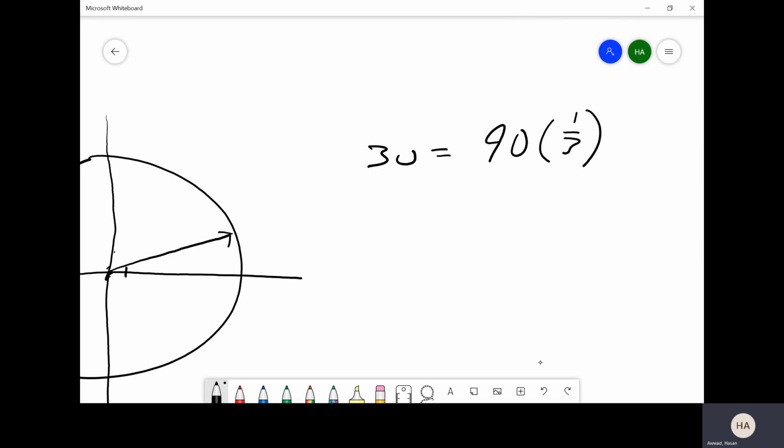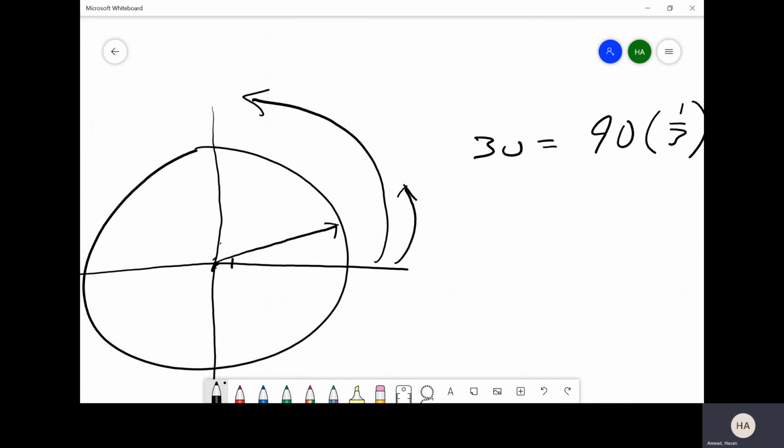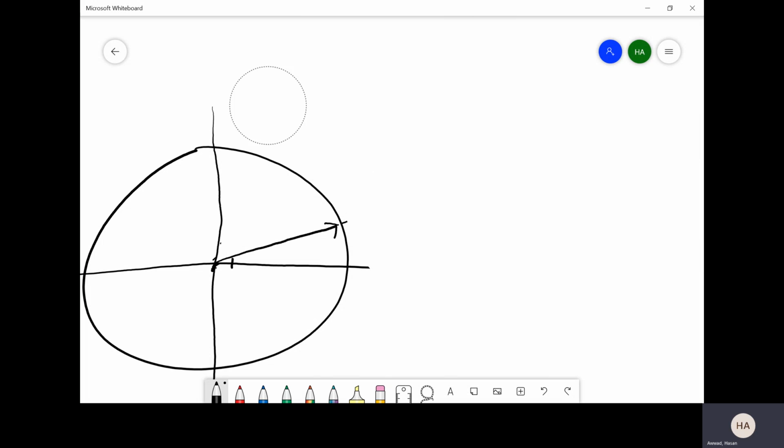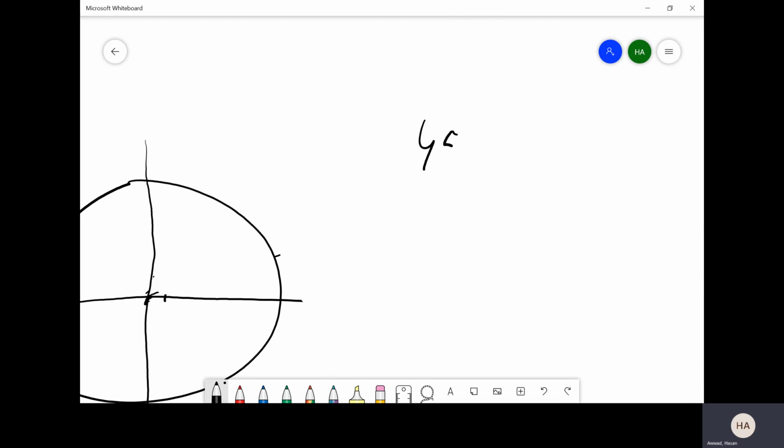So instead of going this entire way here, I'm just going to go a third of the way, and we see that, again, this lines up, right? To draw a 30-degree angle, you're essentially just going a third of the way of doing a right angle. So just to give one more demonstration of this, if I wanted to draw the 45-degree angle, like I just did earlier, well, to put that in proportion to 90, 45 is the same thing as 1/2 of 90.